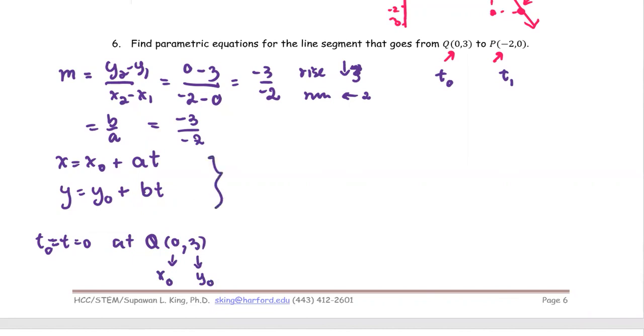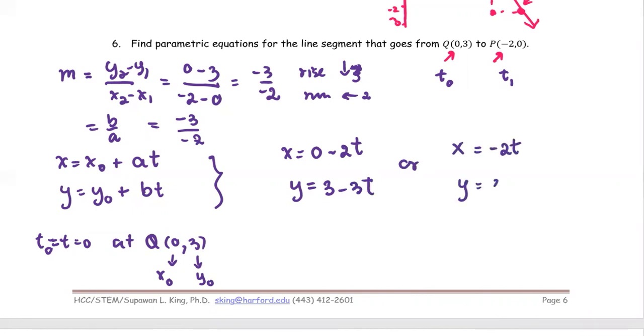And then we put them together to get the parametric equations x equals 0 minus 2 times t and y equals 3 minus 3 times t. Or write it in the form x equals negative 2t and y equals 3 minus 3t as the parametric equations that we are looking for.